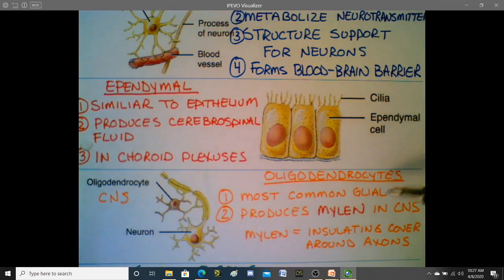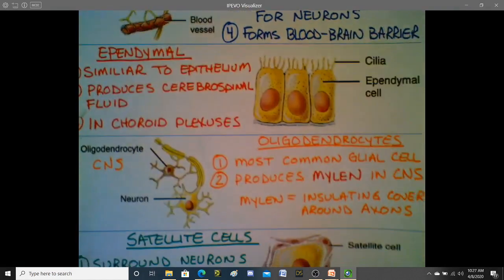Now, oligodendrocytes are going to produce myelin in our central nervous system. So the central nervous system contains these oligodendrocytes that produce the myelin sheath. So that's the third type of glial cell.